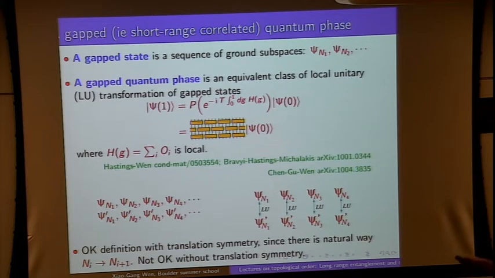So here we say the number of layers is finite and uniformly finite regardless of system size. No matter how big the system, I always need a finite number of layers of unitary to connect the two. And in this case, what do you mean by two systems being connected or the same after transformation? It means they are locally the same. There are all kinds of details. If two systems are locally indistinguishable, we say they are the same, because the limit can be tricky.